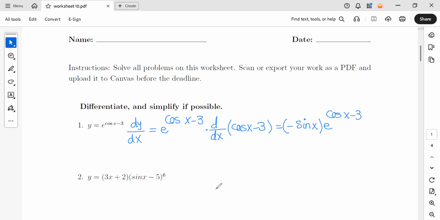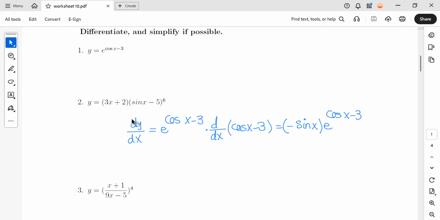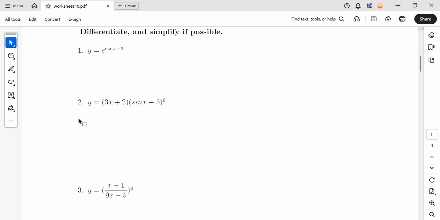Number two is about a function, actually two functions that are multiplied together. The first one does not have any power, the second one has power 6. So to take the derivative, we would consider the whole overall function here. We have two parts that are multiplied together. In this case, we're going to use the product rule.